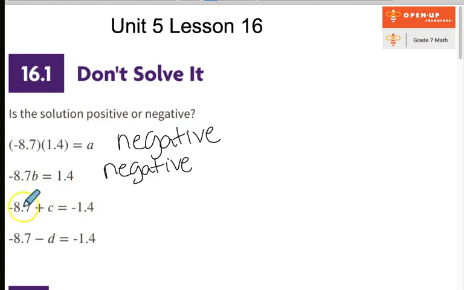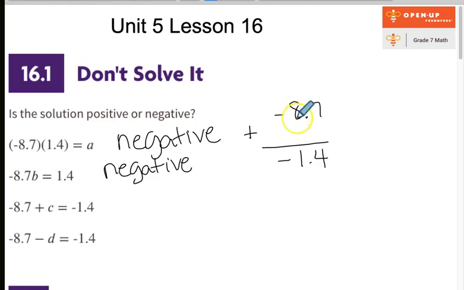That means that when I combined negative 8.7 with another number, it gave me a negative answer. That means this number needs to be a positive, and its absolute value will be smaller than 8.7, because my larger number is a negative, so my answer is a negative.